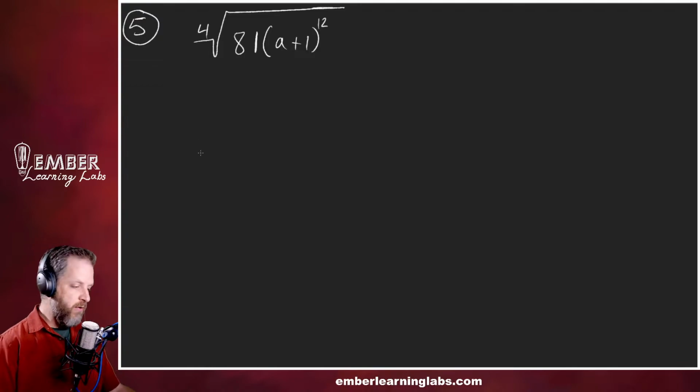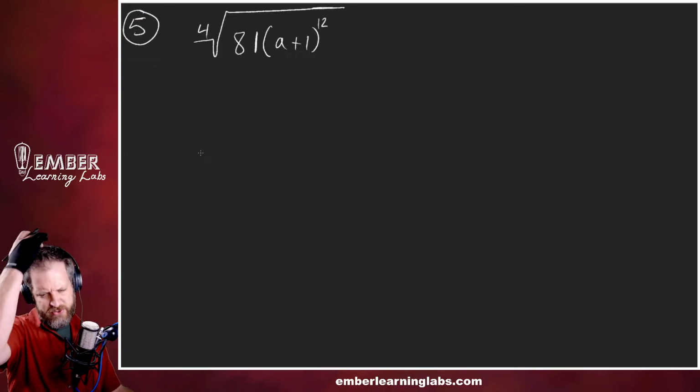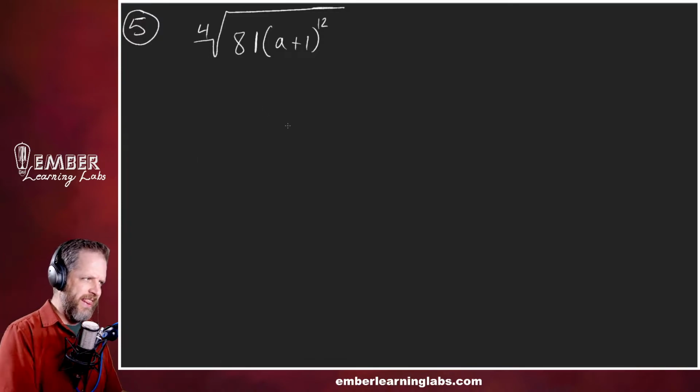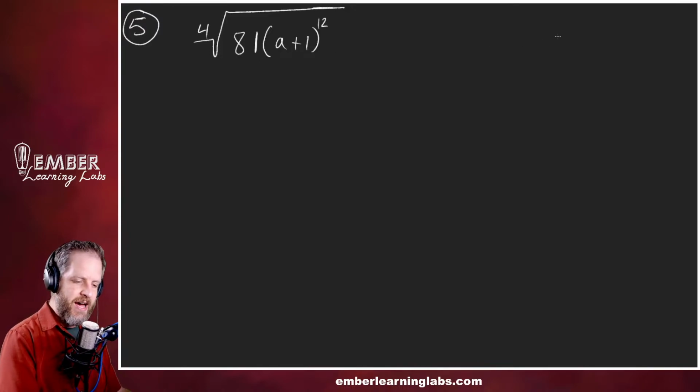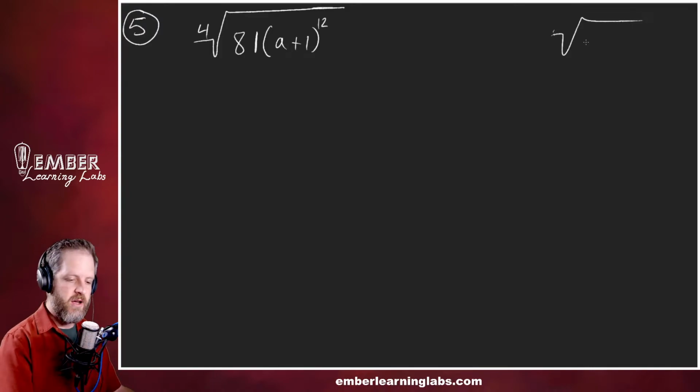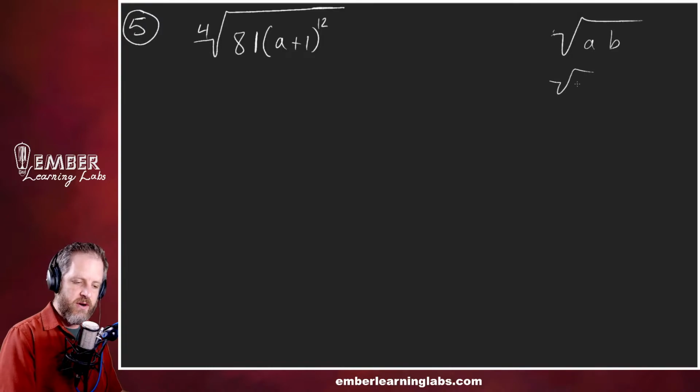Now, you may remember, we've talked about reducing radicals at least a little bit. If we have a product inside of a square root, this could be 4th root, 5th root, etc. So like a times b, we can split this into the square root of a times the square root of b, right?